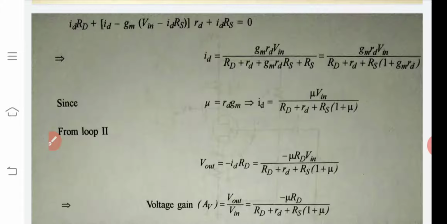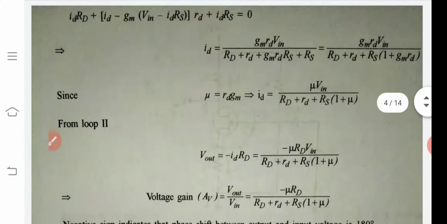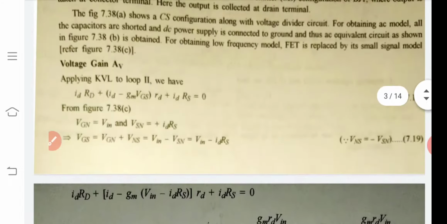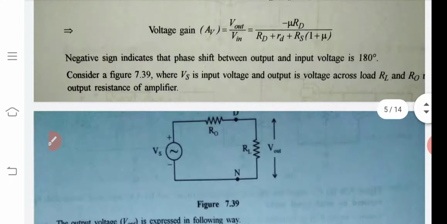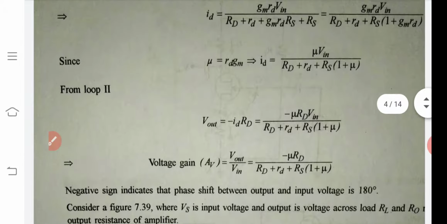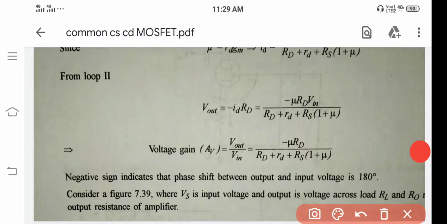And this is the amplification factor mu equals gm rd. We put gm rd in the ID equation, and the output is minus ID RD. Output equals minus ID RD because the direction of current is opposite, so the sign is minus. We put in the equation of ID, and voltage gain is output voltage upon input voltage.